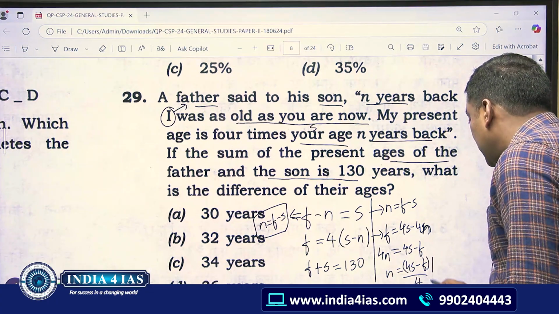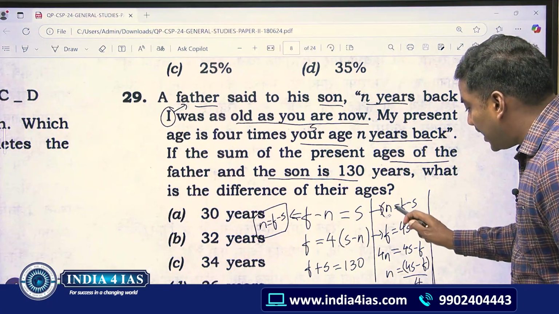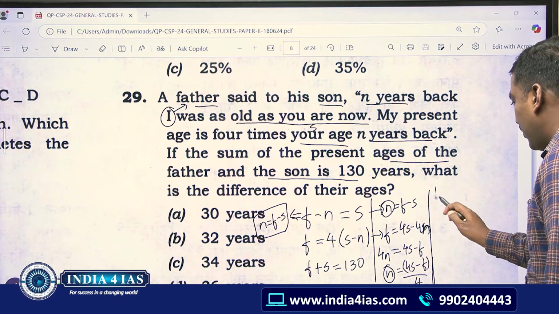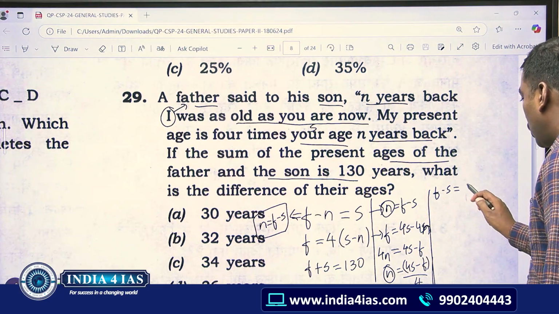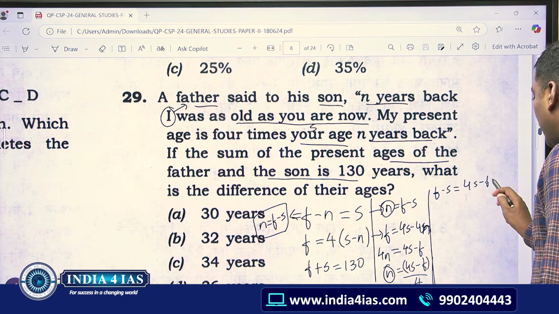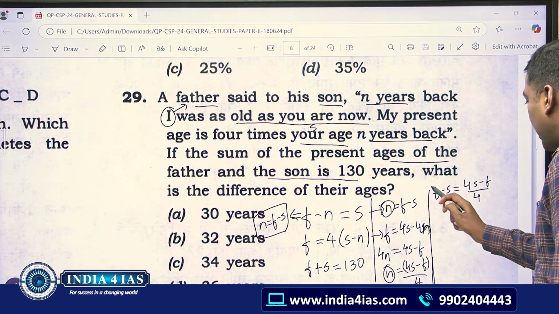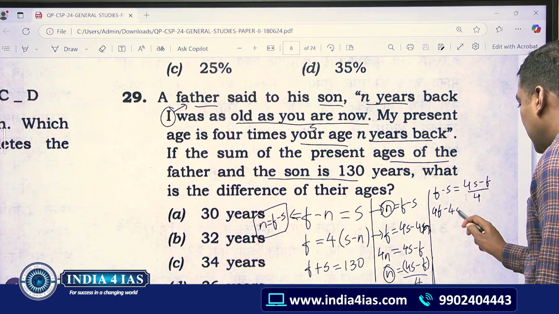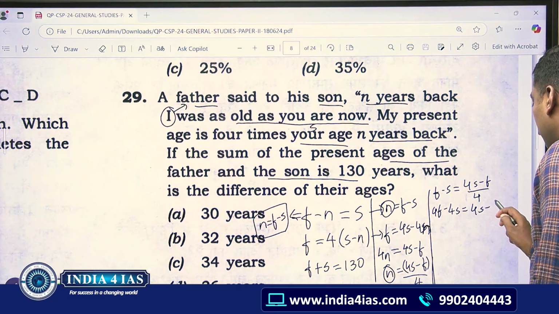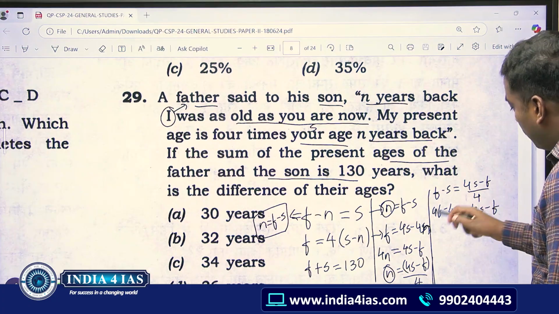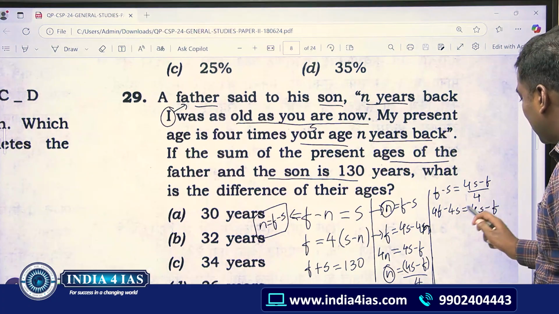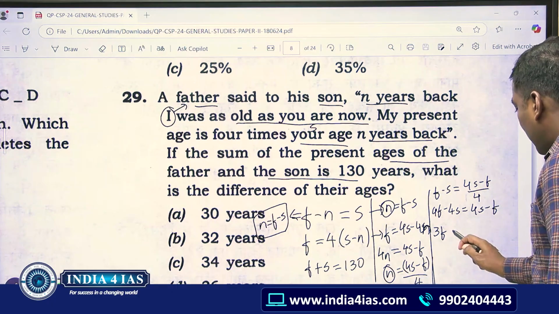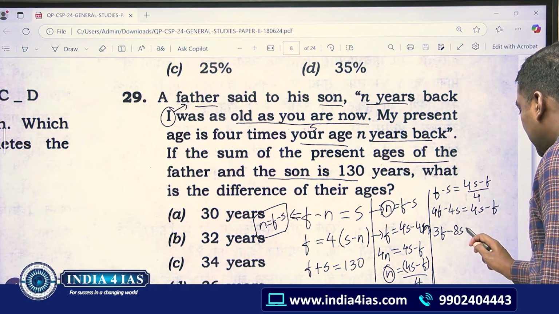Here n is there, here n is there. So if you equate the right hand sides, f minus s is equal to (4s minus f) divided by 4. Taking it this side, 4f minus 4s is equal to 4s minus f. If you bring these to the other side, 4f plus f is 5f, and here it comes 8s.